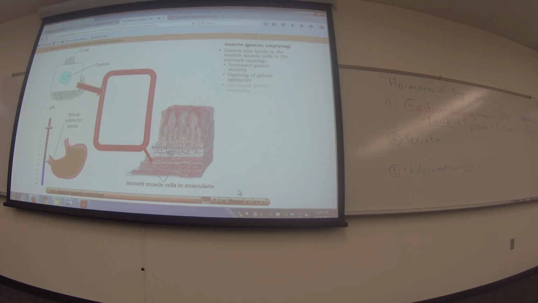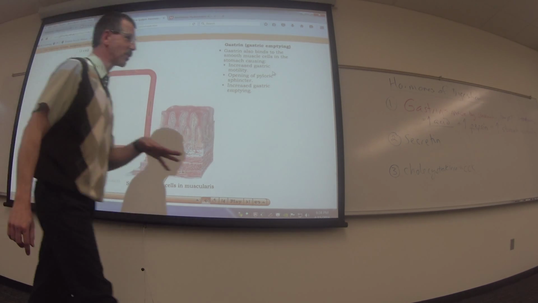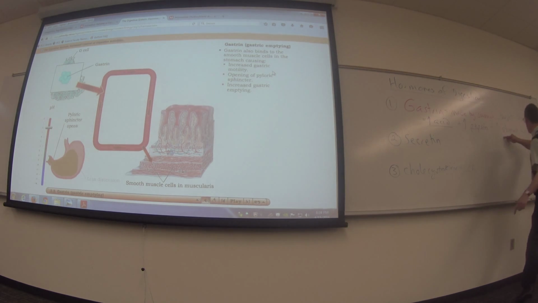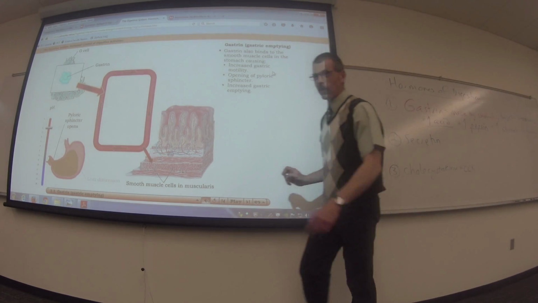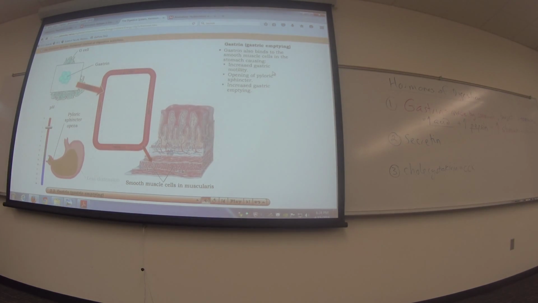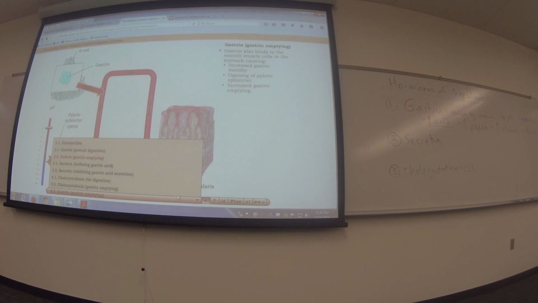These effects increase gastric emptying and reduce distension. So if you think about it, gastrin's turning on the stomach, making it go more, making it digest more. The whole purpose of gastrin is to increase the stomach activity. I'm trying to make the stomach growl more, digest more, make more acid. Can you guess what these 2 are going to do if gastrin makes the stomach go more? Let's find out.